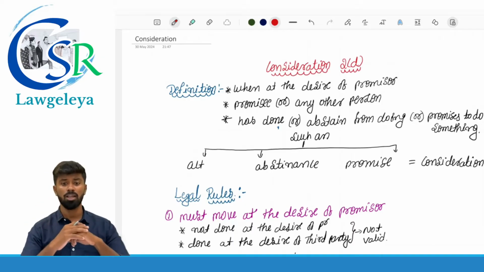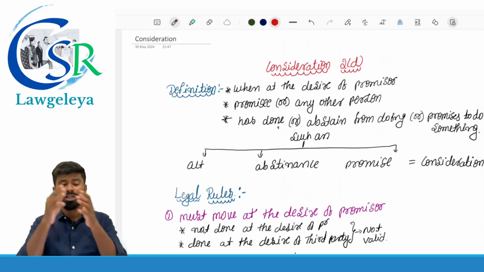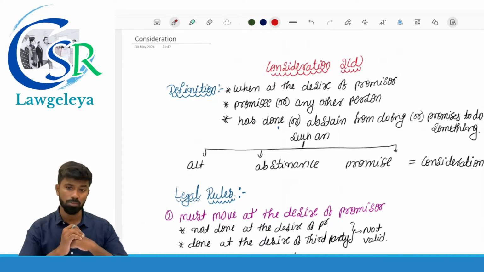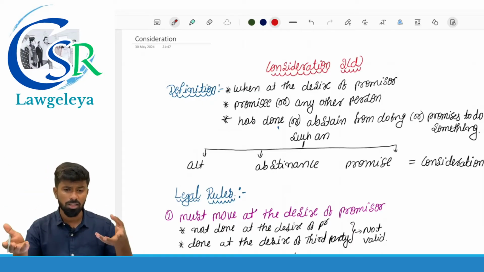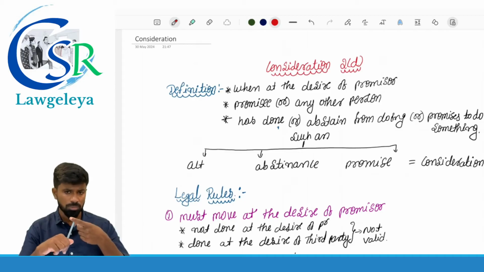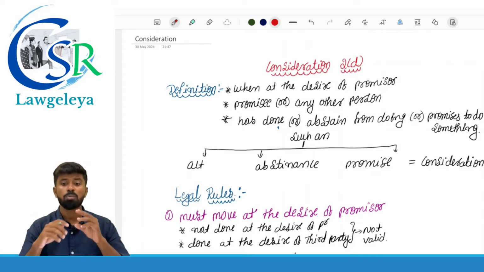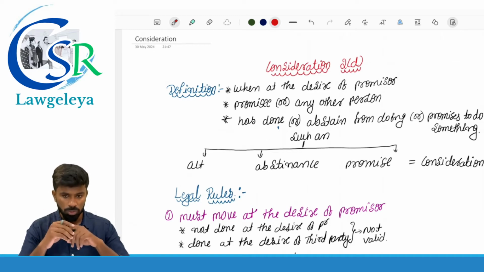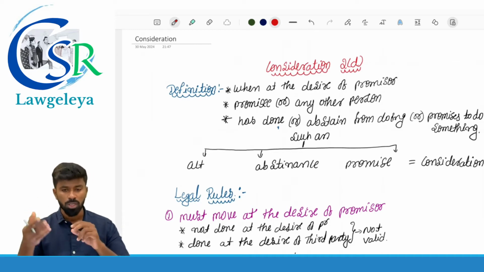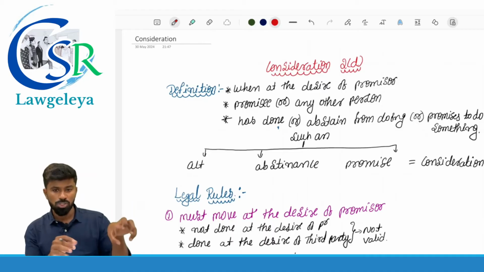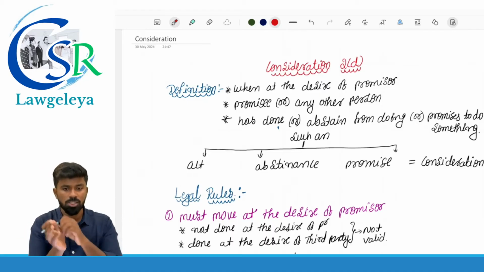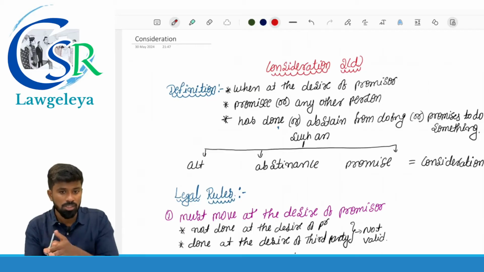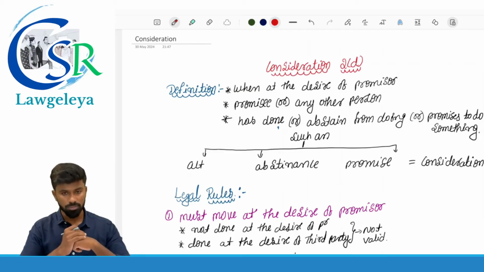When at the desire of the promisor, the promisee or any other person, either the promisee can do or any other person can do on behalf of the promisor, has done something, past, or abstains from doing something, negative, or promises to do something, future. So consideration can be positive as well as negative. Such an act, abstinence, or promise is called consideration for the promisor.